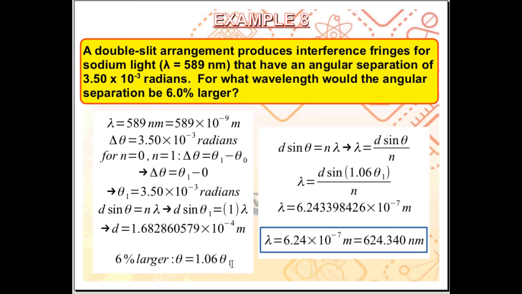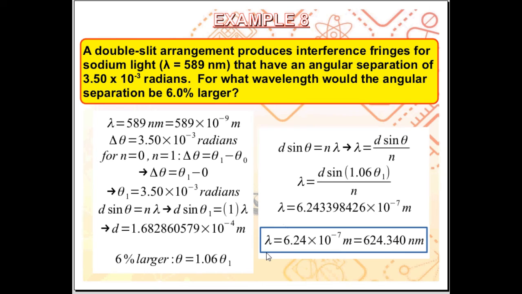If we now use d sine theta equal to m lambda again, and this time isolate lambda, lambda is equal to d sine theta over m. Replace theta by 1.06 theta 1, and the equation will now be complete. We'll be able to calculate the wavelength of the second light.